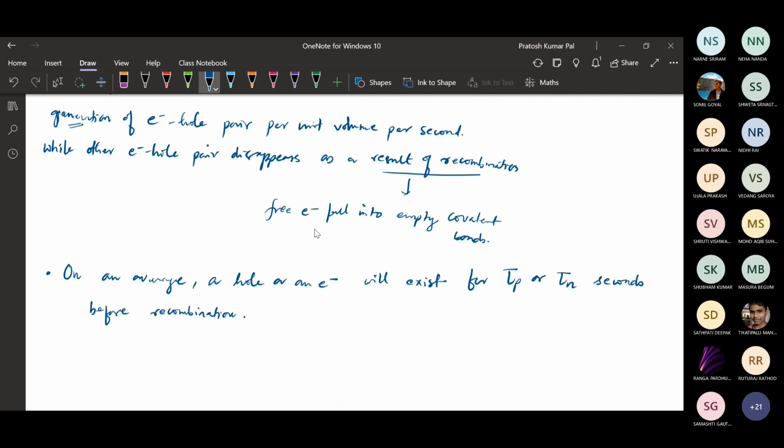So once an electron or hole has been generated by electron hole pair generation, these electrons and holes will exist for an average time period, that is tau p for holes and tau n for electrons. This tau n and tau p is the amount of time they are available in the crystal before recombination, so tau p and tau n is considered the carrier lifetime or mean lifetime, we call it.